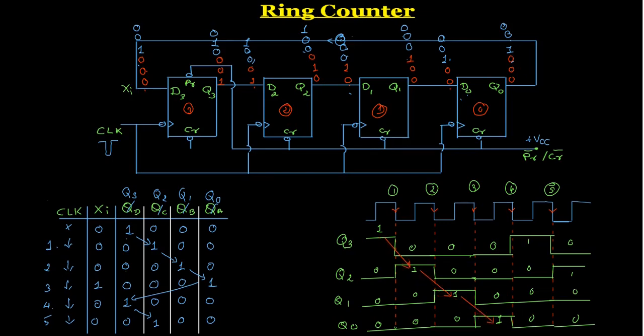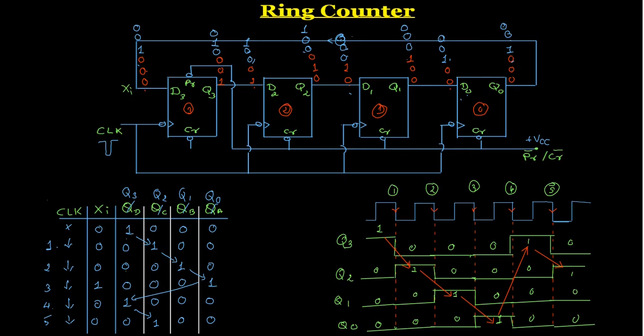And after that, again it is transferred to Q3, then to Q2. So in this way, one high bit is going to be rotated in the shift register. Now what is the important thing here?